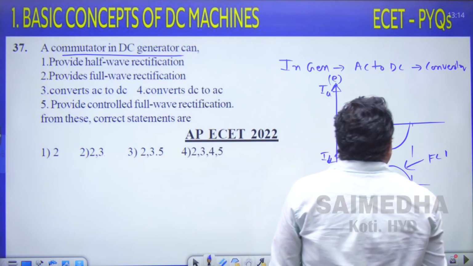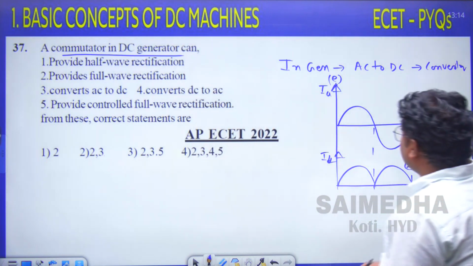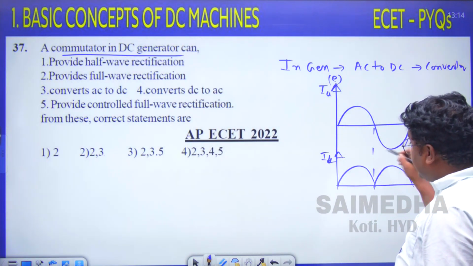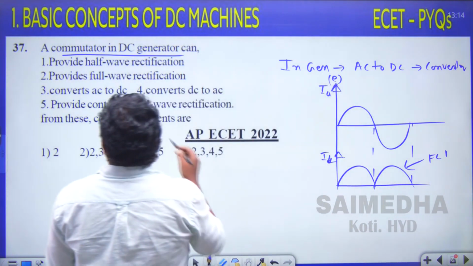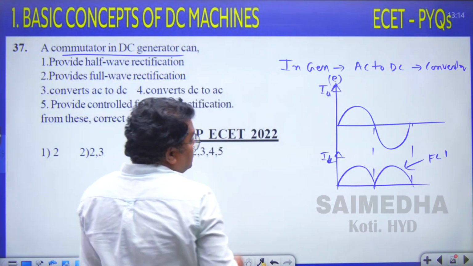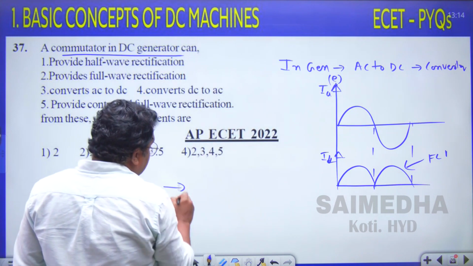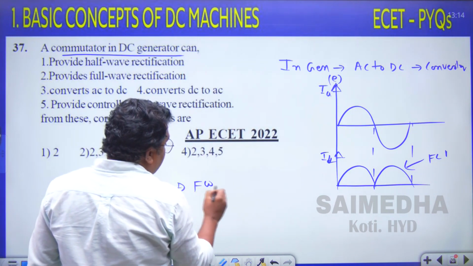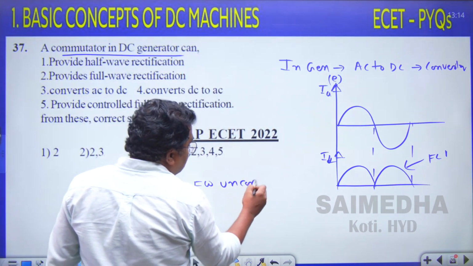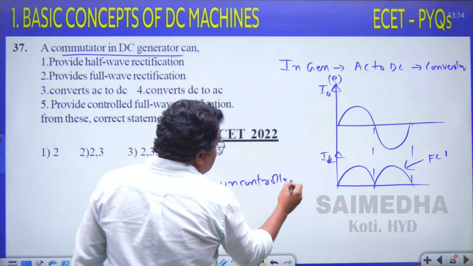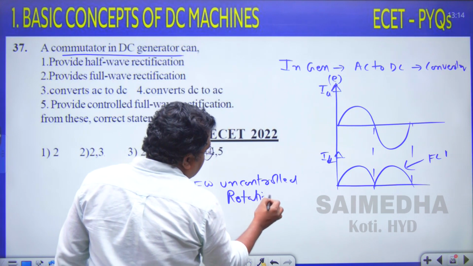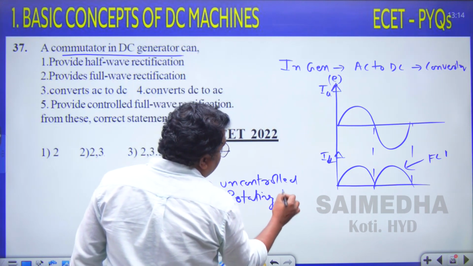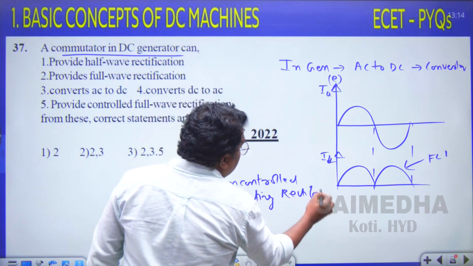It converts AC to DC, providing full wave rectification only. That's why the commutator can be treated as a full wave uncontrolled rotating converter or rectifier. So this is the answer for this question.